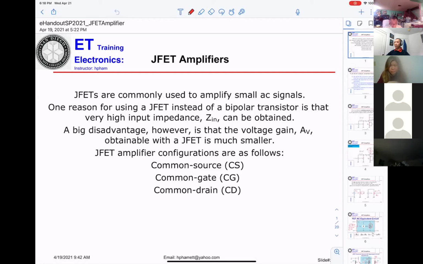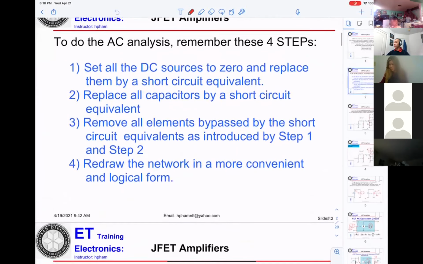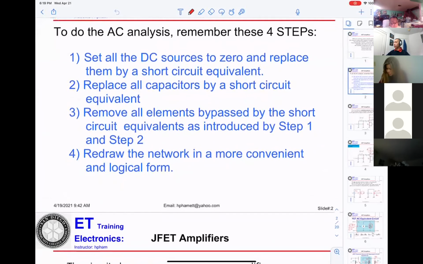Now, go back to the JFET. You understand that in the bipolar, you can get common emitter, common collector, and common base. With the JFET, you can get common source, common gate, and common drain. They're very similar. Whether bipolar or JFET, if you want to do the AC analysis, you must follow the rules.